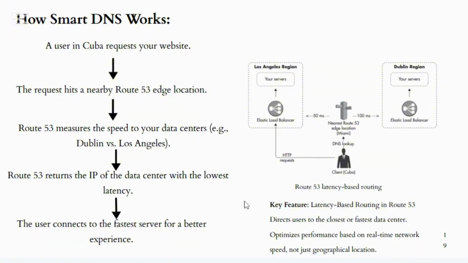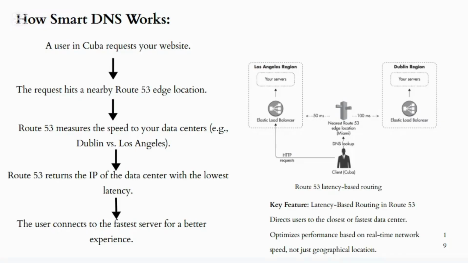For example, let's say a user from Cuba wants to visit your website. Route 53 checks the latency to different data centers, maybe one in Dublin and another in Los Angeles. If Los Angeles responds faster, the user is automatically routed there. This means every visitor gets connected to the closest or best performing server in real time.